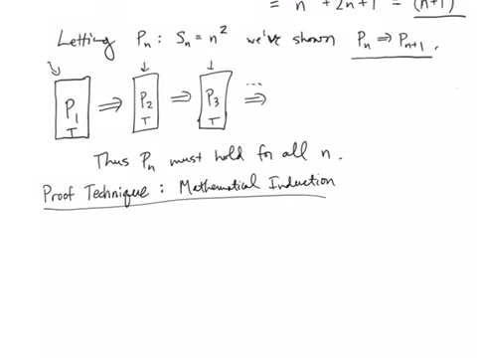And so what we have here is the general situation. Suppose one wants to prove some statements P sub n for all n in the natural numbers.